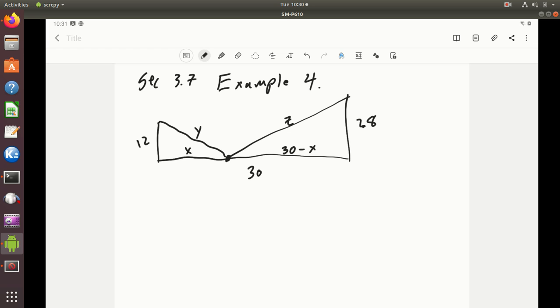Well, because we want to minimize the total wire length, and that wire length is just y plus z.